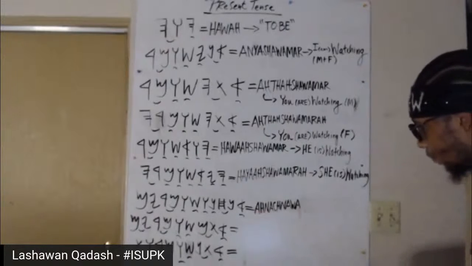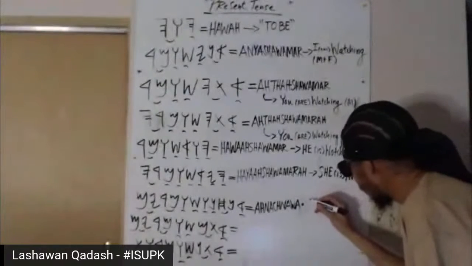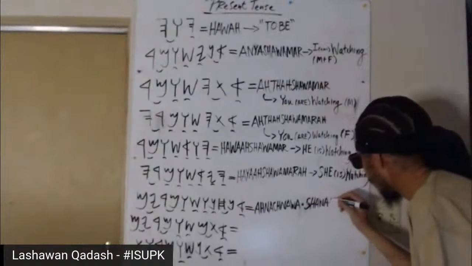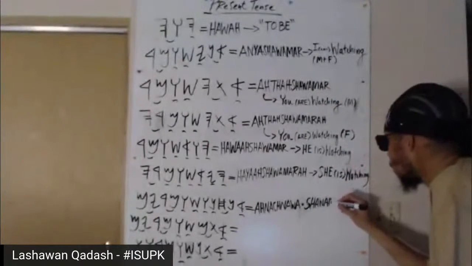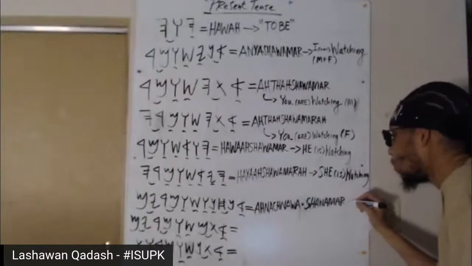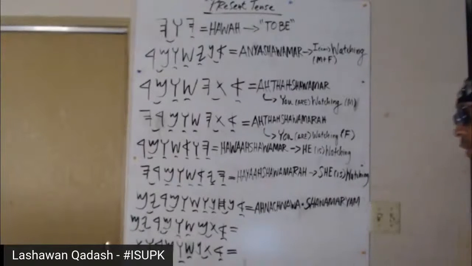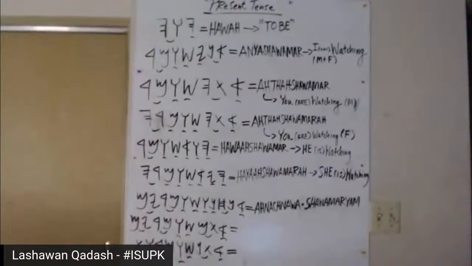Anaknawa, right? Sha or Sha. Shawa. Mar. Yeah. Boom. Separate it. Anaknawa Shawamariam. All right.